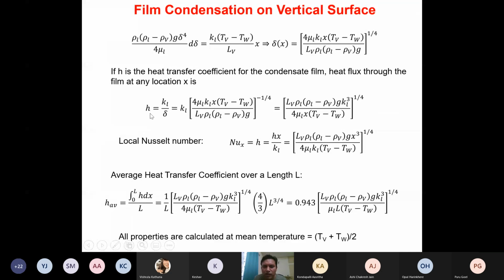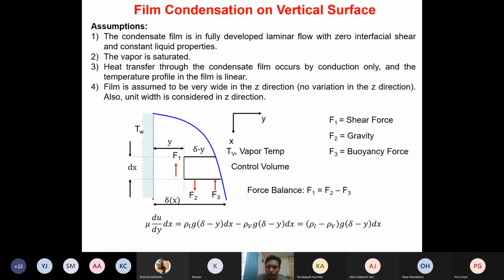Now we can find out the average heat transfer coefficient over the entire length of the vertical plate. If we consider that the length of this entire plate is L, in that case we can find out the average heat transfer coefficient directly by integrating this particular equation H across the length.